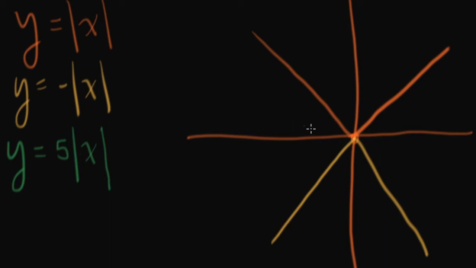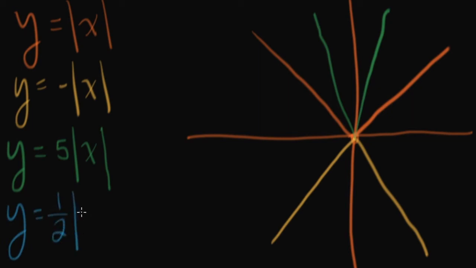So we know it's going to open up, but this is going to be a skinnier one, like that. So as this number goes up, the skinniness increases. It gets more narrow. Whereas if you have a very wide, like a small number, like a half is pretty small, it's going to be a very wide graph, like that. Okay. And obviously, if we made these negative, they would do the exact same thing, but go down.